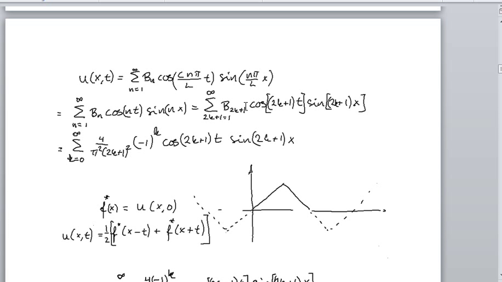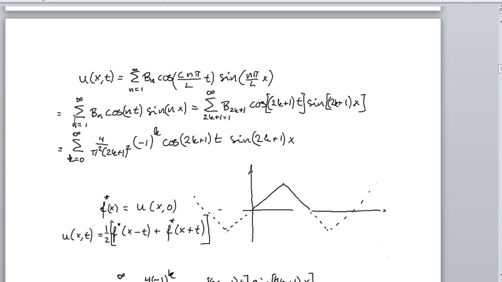So it's enough for us to consider odd numbers. In this case, we know that n is equal to 2k plus 1, so we can replace n by 2k plus 1. Note that we start in this series with n equal to 1.